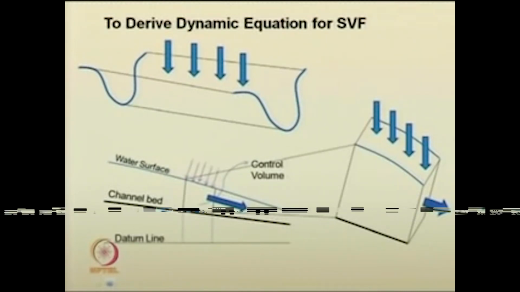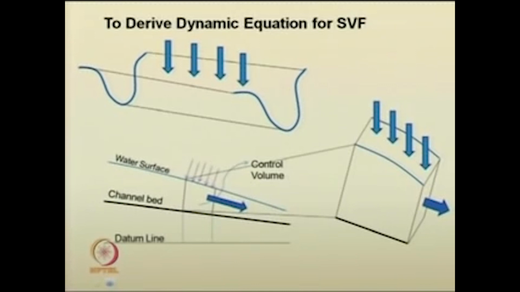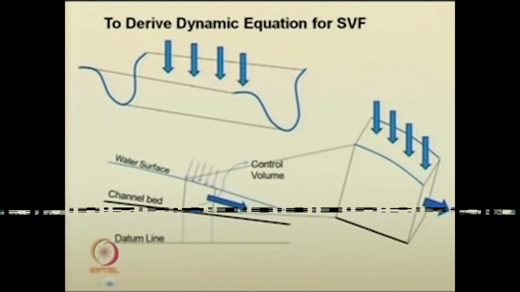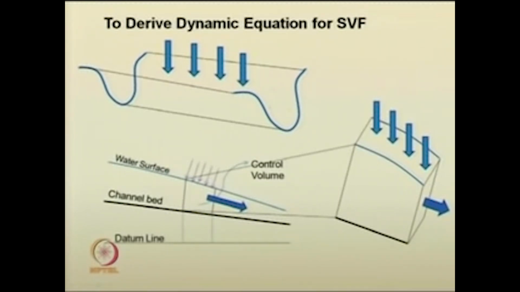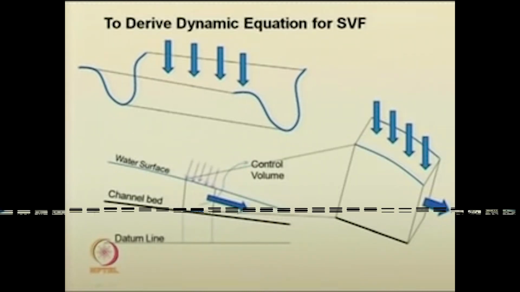Now, to derive the dynamic equation for spatially varied flow, as shown here, this is a three-dimensional view of the channel, and some quantity is getting added here. If I take a longitudinal view, a datum line is there, this is the channel bed, and this is the water surface line.